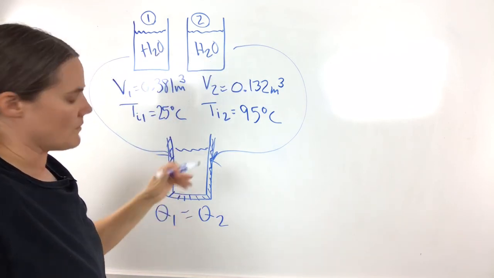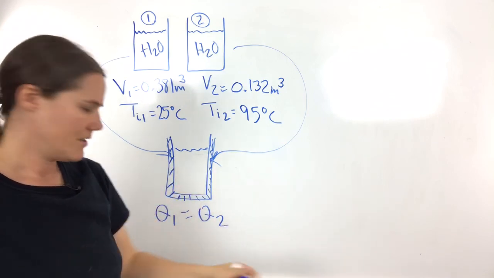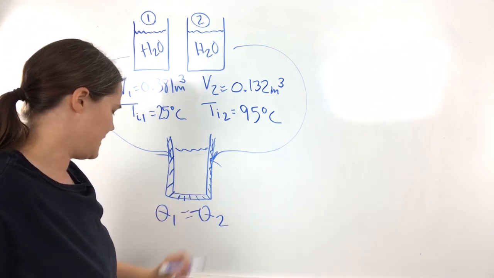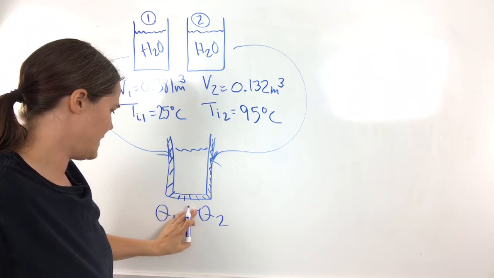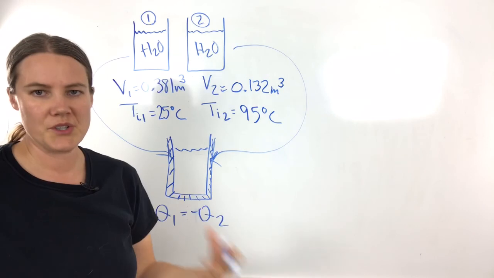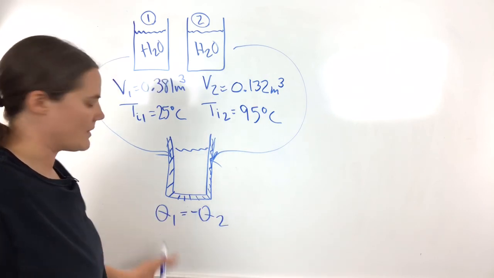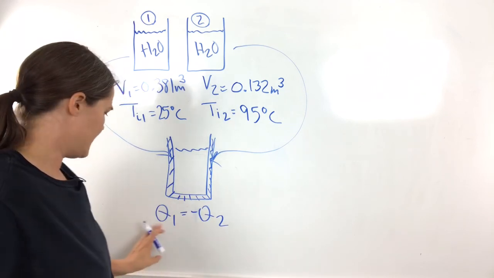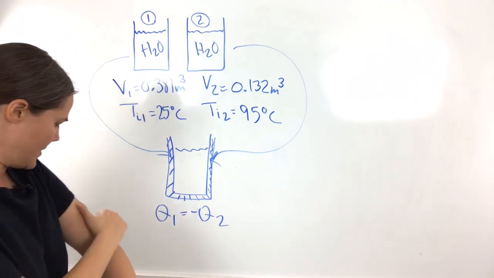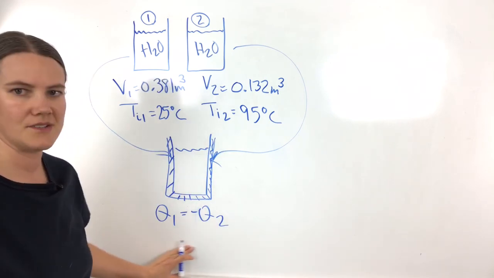When the heat flow is away from or out, we indicate that as a negative. So if something's cooling off or losing heat, it has a negative sign, and if something's warming up or gaining heat, it's positive. There are different conventions for this, but that's the convention we're going to use here.